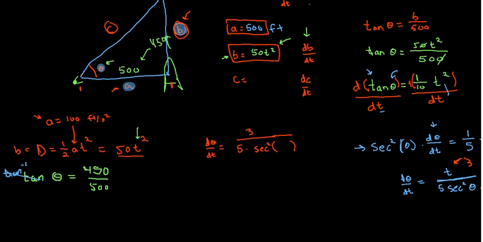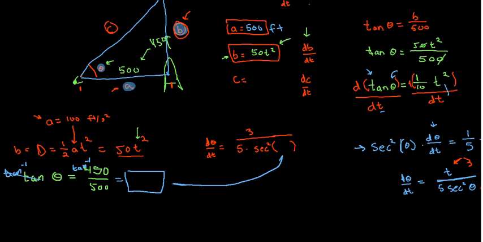Once you get that decimal, you can plug it in right there. And then remember that secant is 1 over cosine. So you will have to do 1 over cosine of that decimal, square it, then multiply by 5, then do 3 divided by that number.